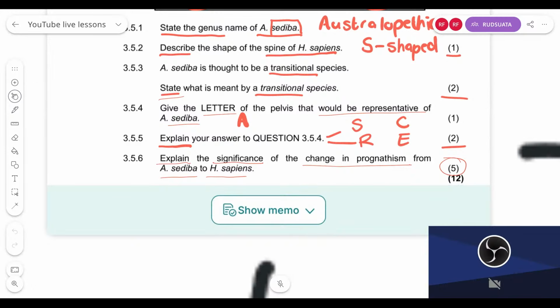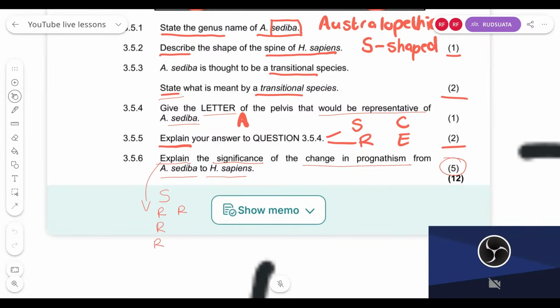Even the most accomplished matrics would struggle to answer this last question for many reasons. Number 1, they don't know how to structure the explain question for 5 marks. Nothing has changed, everybody. You are still giving a statement, except this time you need to give 4 reasons.